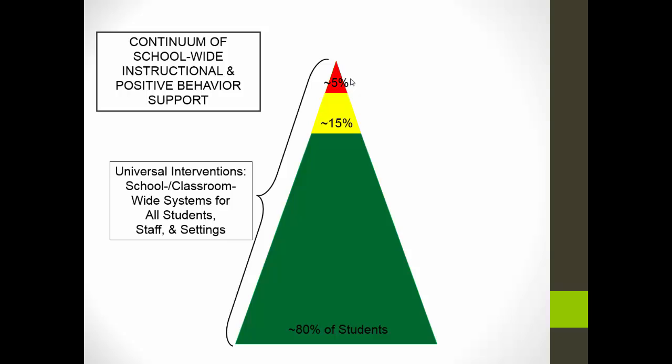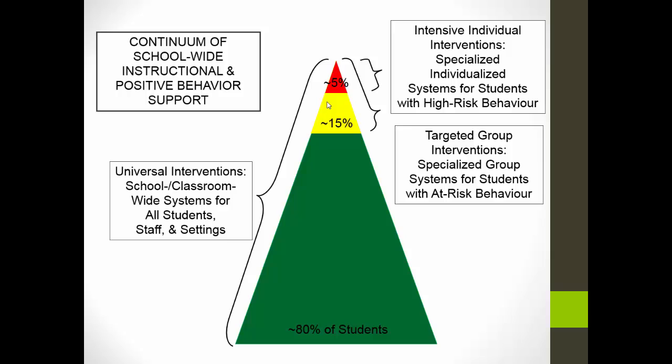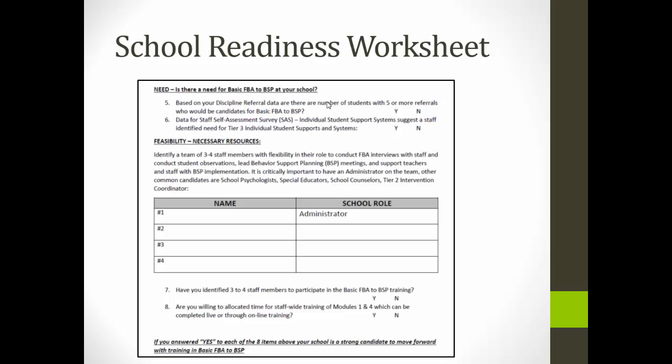Because again of the resource intensive nature, a lot of these kids who might appear to have Tier 3 needs, all of a sudden you put some good strong Tier 1 and Tier 2 systems in place and you start taking care of a number of those kids. So it's critically important that we pay attention to Tier 1 and Tier 2 interventions before we embark on Tier 3 and after we begin implementing a good Tier 3 program of positive behavior support.